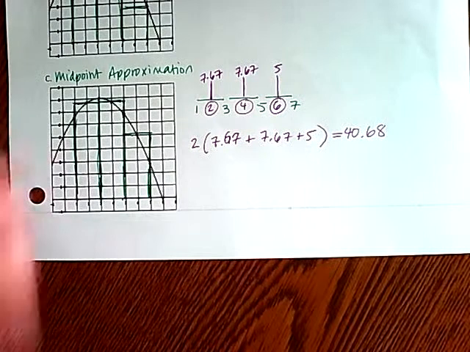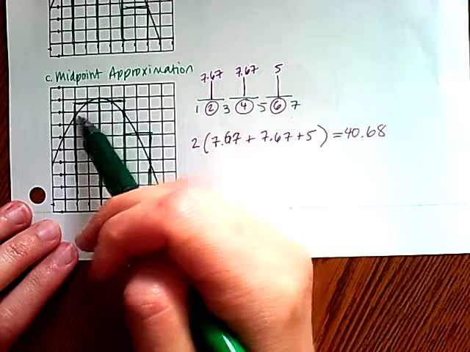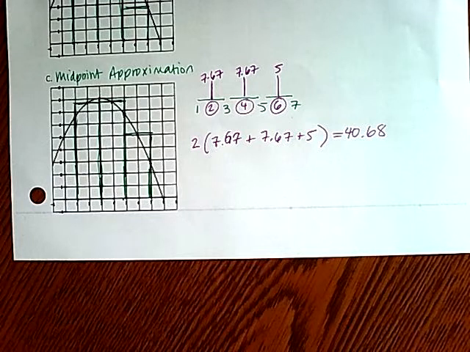And there's also something called a trapezoidal approximation, which would actually calculate the area of a trapezoid between the two endpoints, but we're not going to focus on that this year.